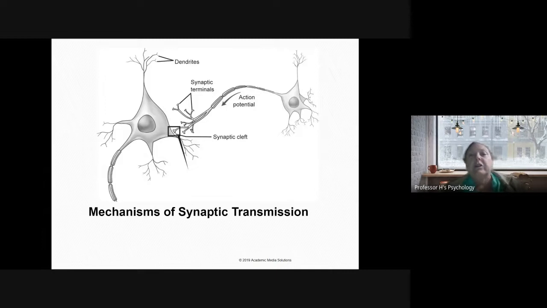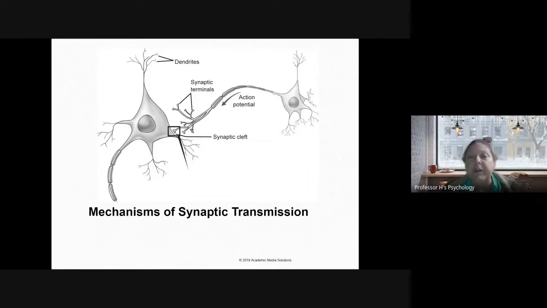The little voltage-gated sodium channels on the axon kind of take turns all the way down the axon. So they take turns all the way down the axon, just like a wave.